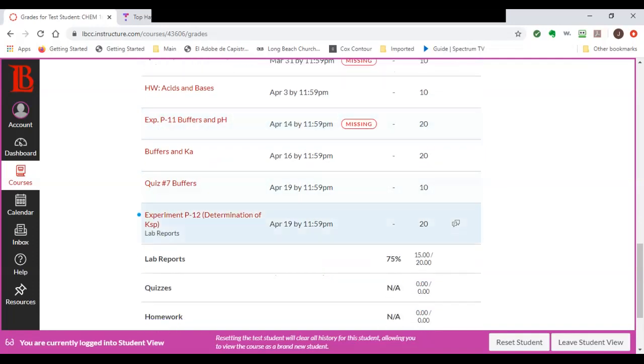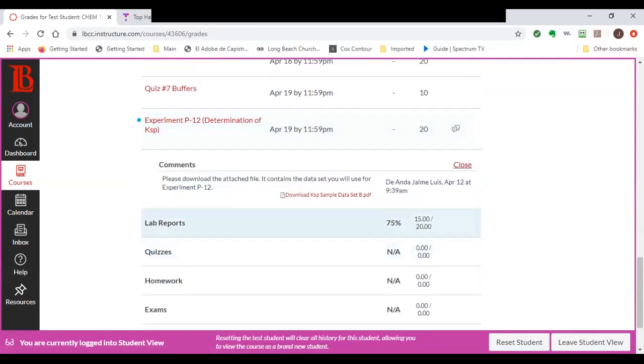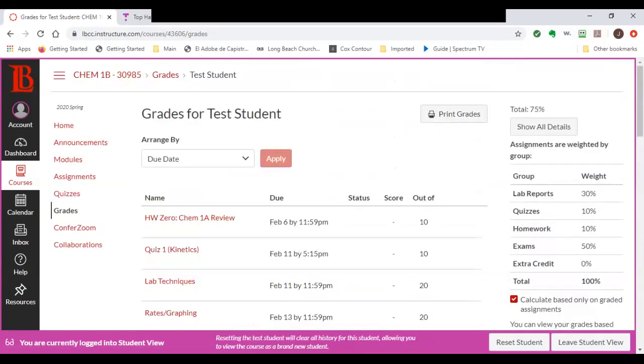Here it is, P12. And there should be a message on the right side, the little dialog box there. When I open it, it gives me a sample data set to download that I'm going to use to answer the questions in the lab. It's essentially like a titration experiment.